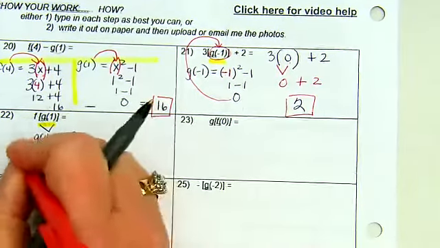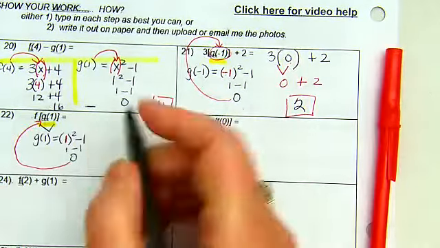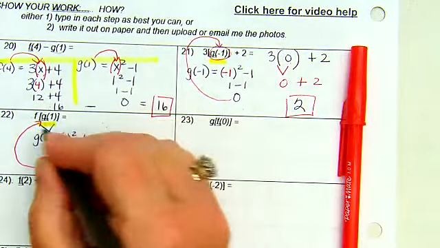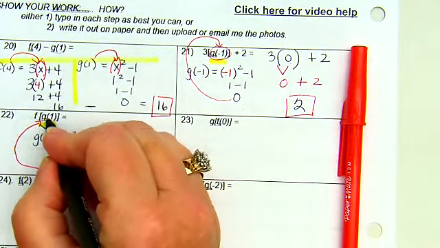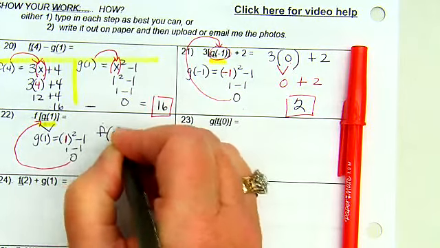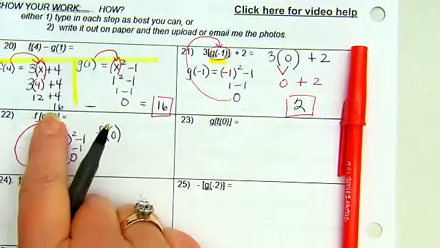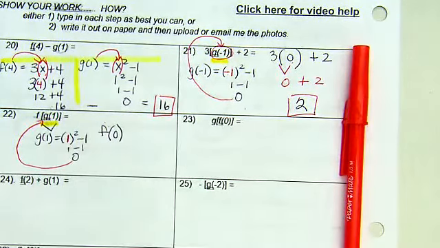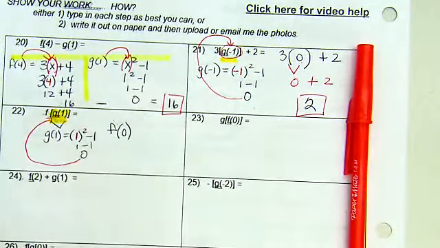The 0 comes back in, and now I use that 0 as the input for the other function. So now I'm going to find f of 0. All of that is worth 0.